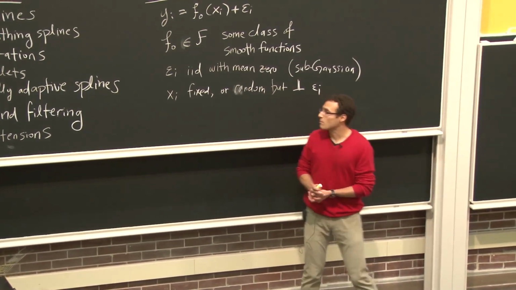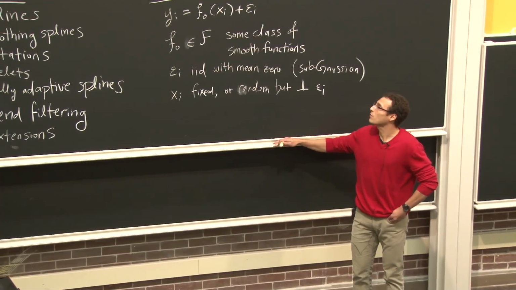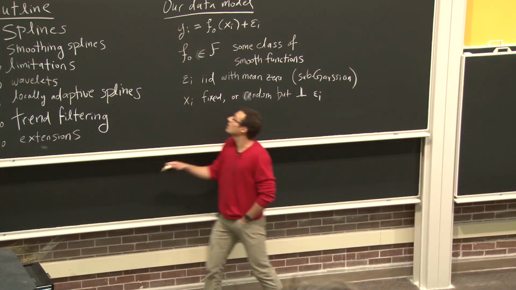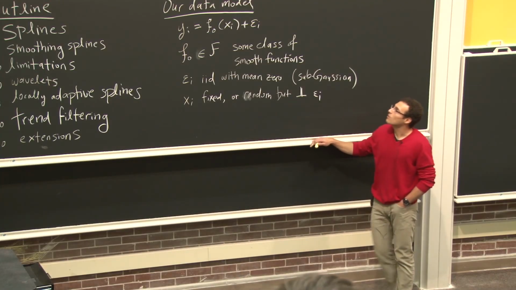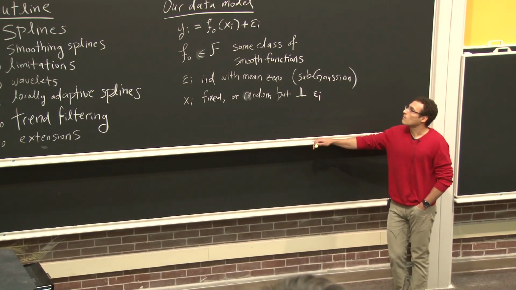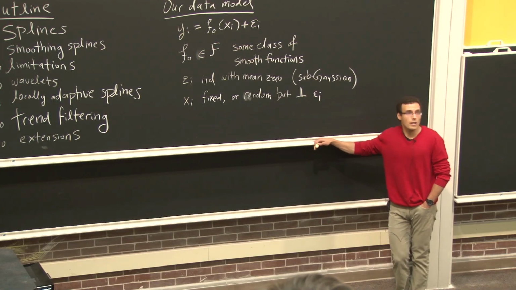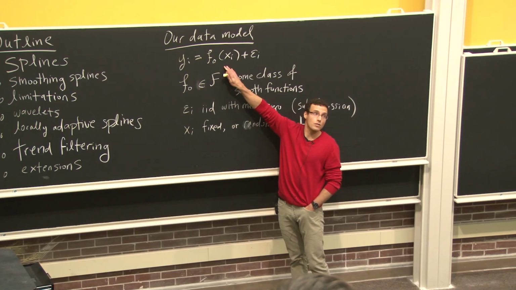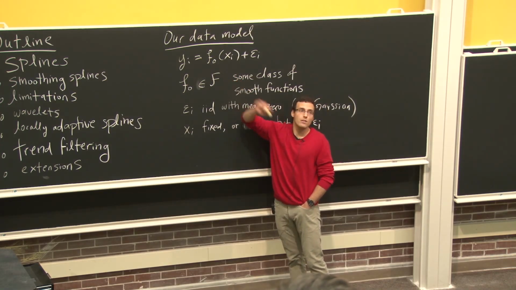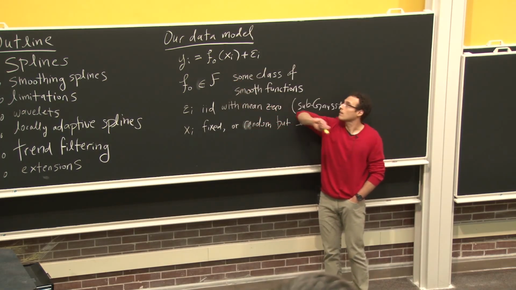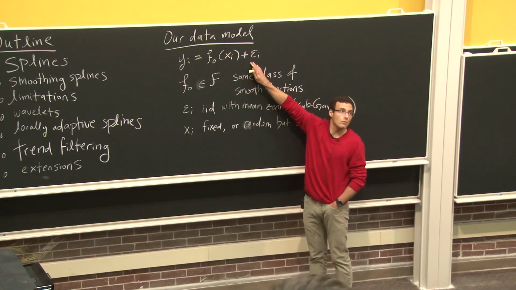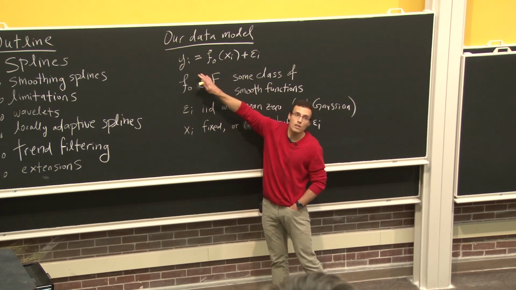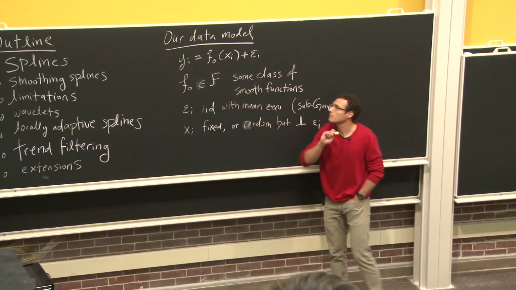All right, so our data model for most of this, in fact all of this except the extensions, is the following. We're going to think about observations and inputs, yi and xi, that are related by a regression equation, where f0 is some unknown regression function, and the epsilon i are errors that are made when we observe these yi's.